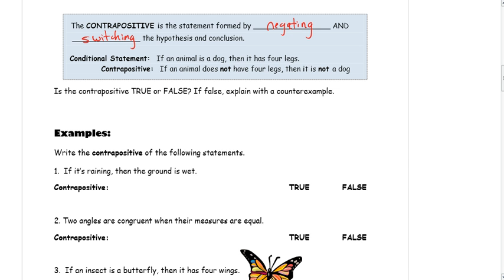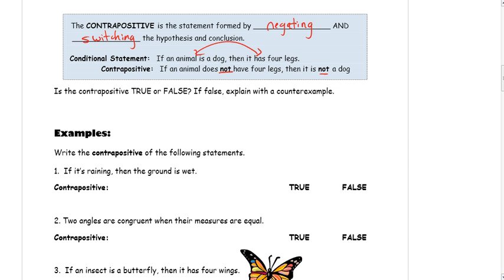So we're going to negate and switch. We're going to do both things. So what this looks like is the conditional statement is if an animal is a dog, then it has four legs. So what we're going to do is put the not in, and switch our hypothesis and conclusion. So it says if an animal does not have four legs, then it is not a dog. Okay, so this is a little bit trickier.